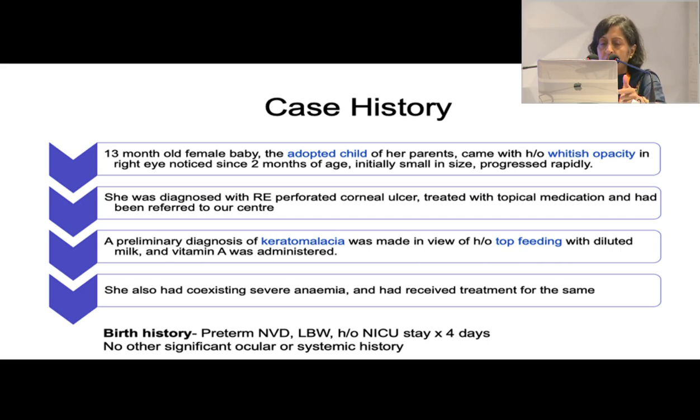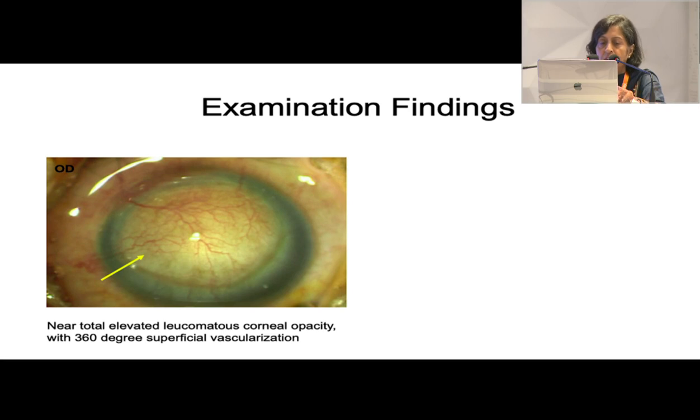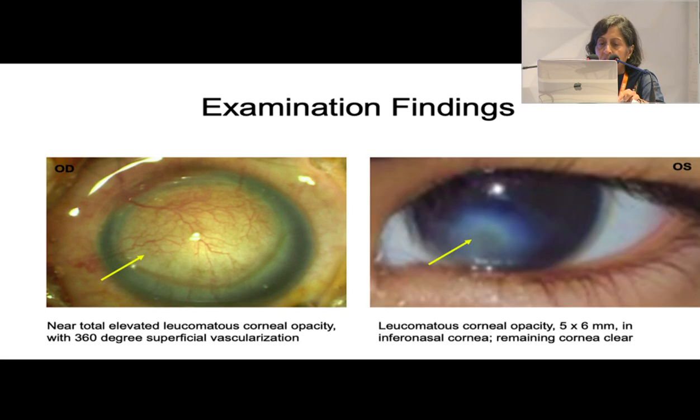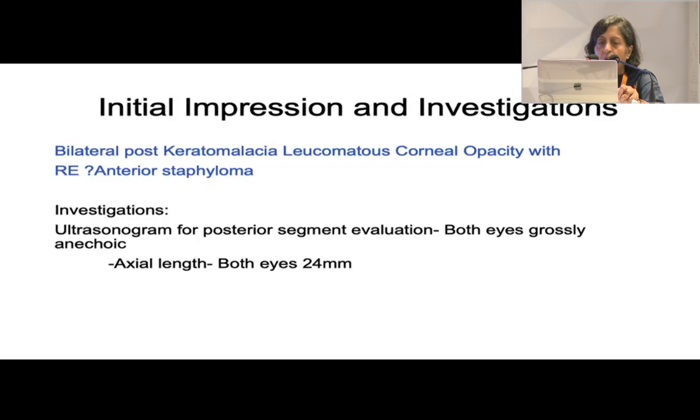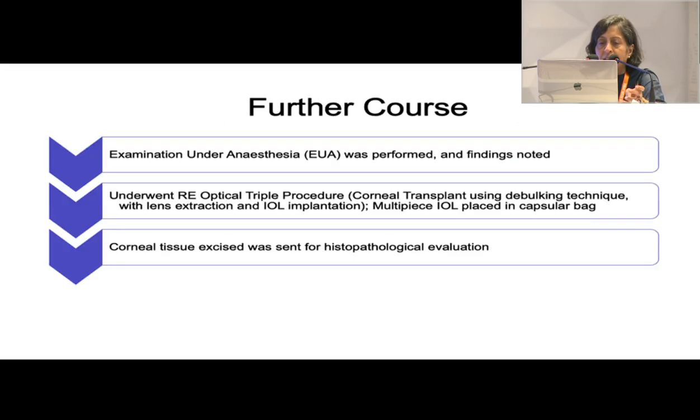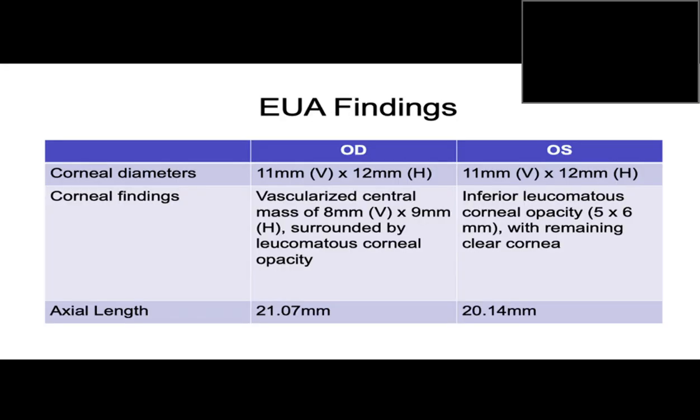The birth history was all right, no significant history, and there was near total elevated leukomatous corneal opacity with 360-degree superficial vascularization. The other eye had a leukomatous corneal opacity which was peripheral, and the remaining cornea was clear. So the initial impression based on this history was bilateral post-keratomalacia leukomatous corneal opacity with perhaps anterior staphyloma, and ultrasound was done, axial length, and examination under anesthesia was performed.